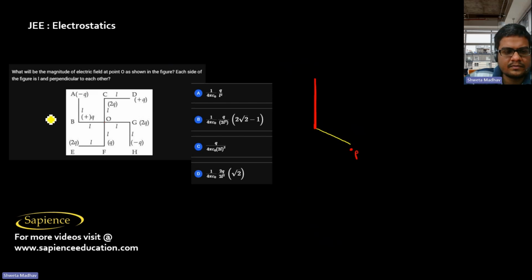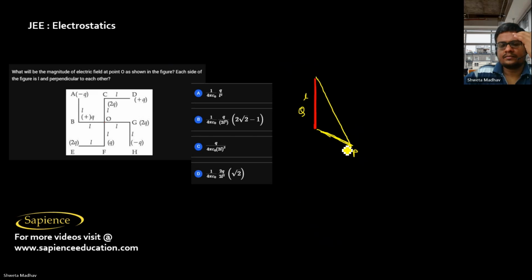Then here, if we want to find the electric field, this point will come like this. This rod is having length L, having charge, let's say, capital Q, having positive charge. Then we will take a small line element dq here.